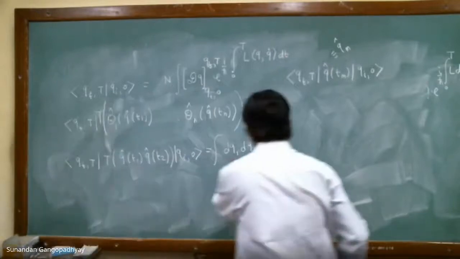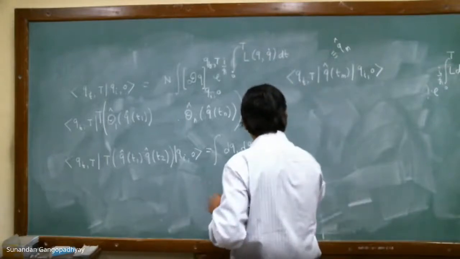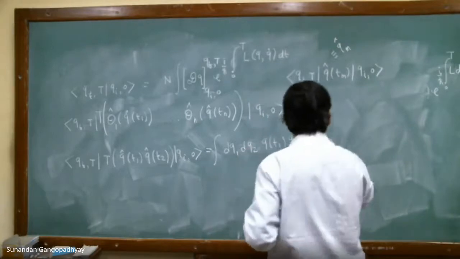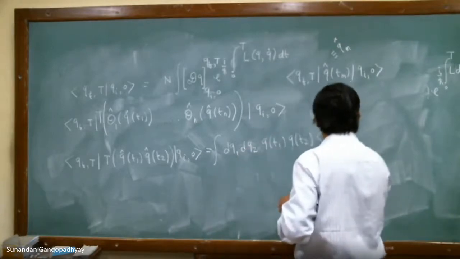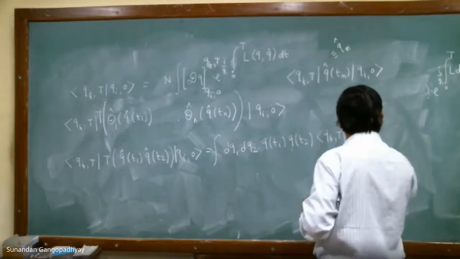this is equal to two ordinary integrals, and then you have q(T1), q(T2), and then you have these propagators, qF T1, T1.